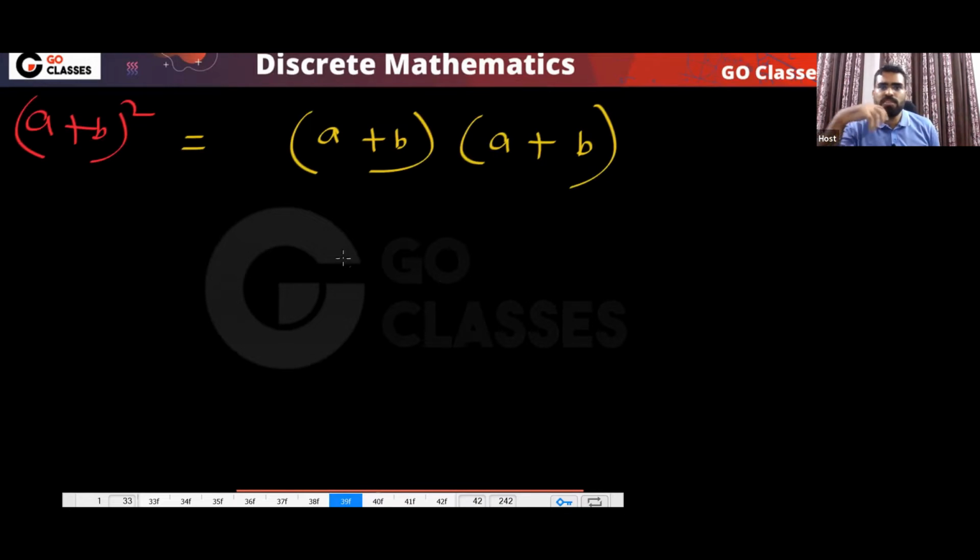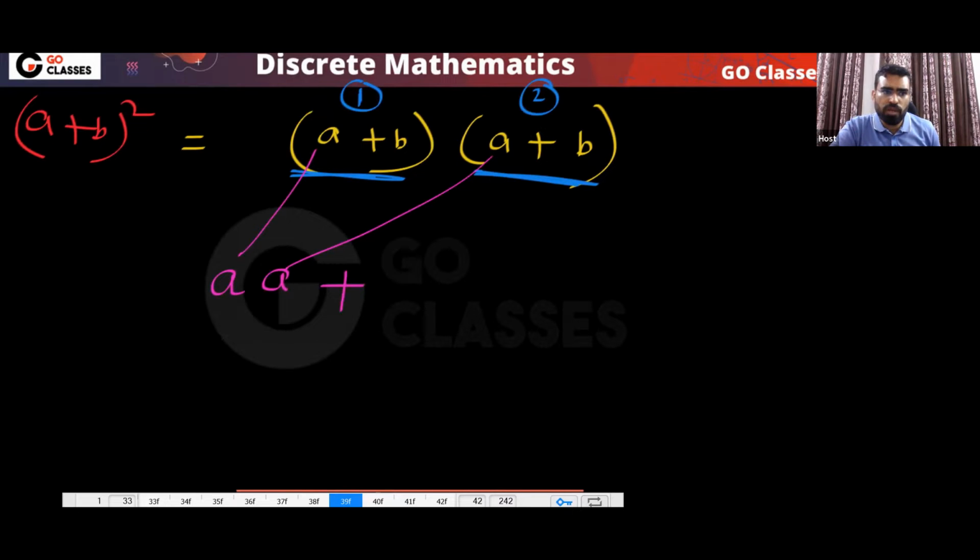Now what you can do? See, total two terms you have here in this product. You have first and you have second. So let me call it 1 and let me call it 2. Now how to multiply? From this 1 you can take a, from this 2 you can take a.